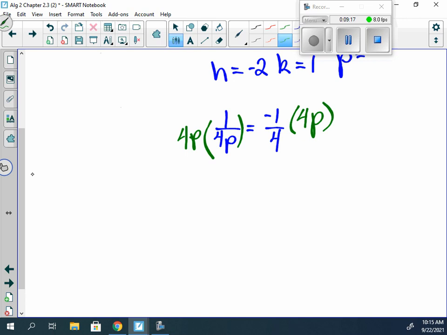Now, if we multiply both sides by 4p, the 4p and 4p here will cancel out, leaving us with 1. Over here, the 4 and 4 will simplify out, leaving us with, well, we can say p is equal to negative 1.